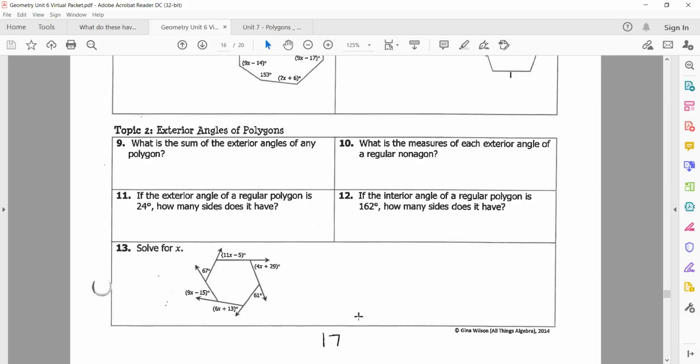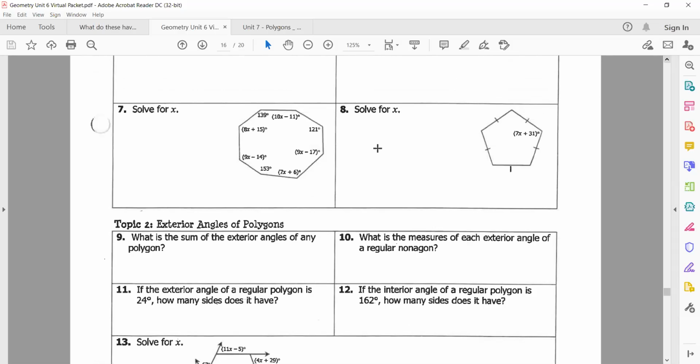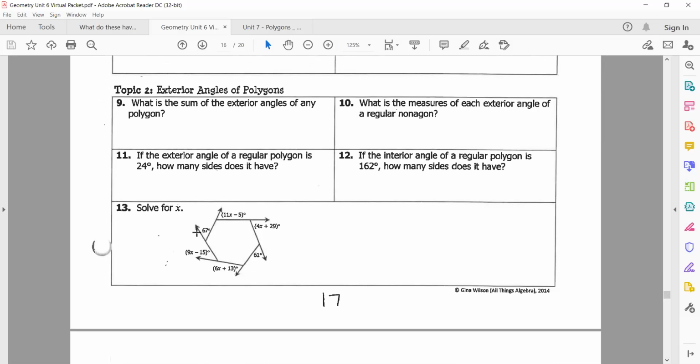13 is kind of similar to problem number 7, where we had to add all these up to get the interior angle totals so that we could find X. Here we know already that our total is going to be 360. So it's the same basic setup.